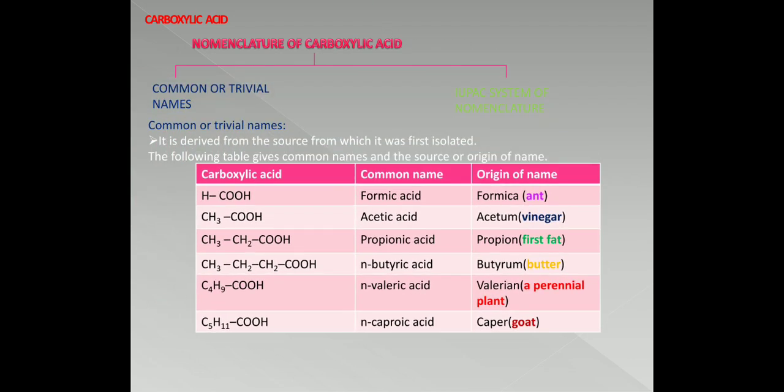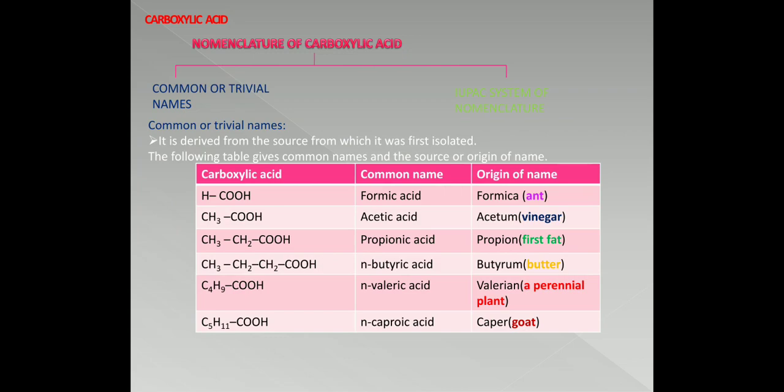Now common name or trivial name is derived from the source from which it was first isolated. The following table gives the common names and the sources or origin of the names. First, HCOOH, formic acid, origin formica. CH3COOH, acetic acid, from acetum, vinegar.